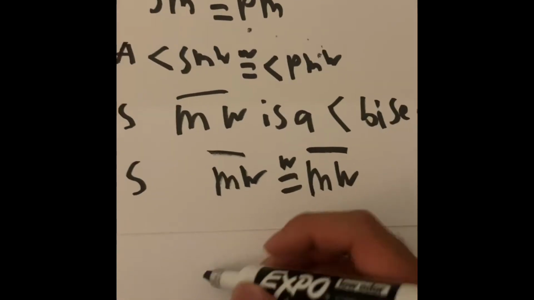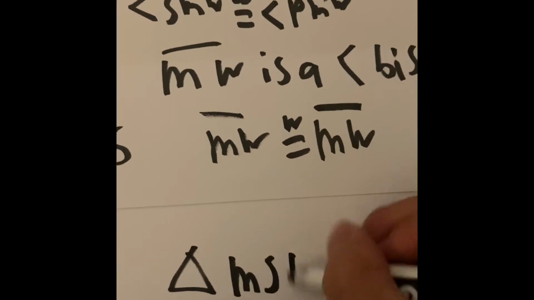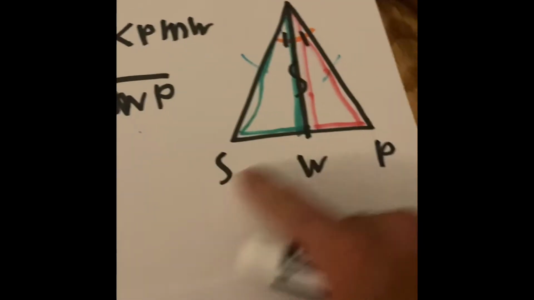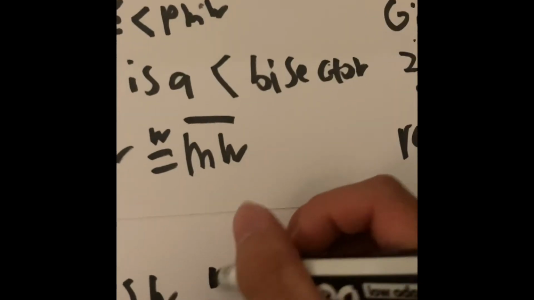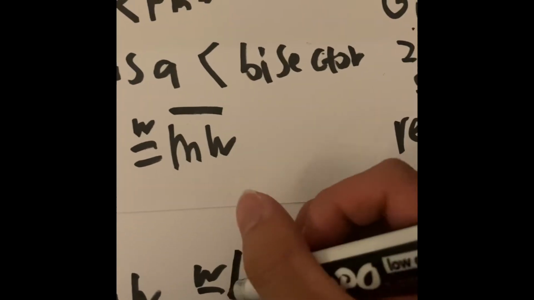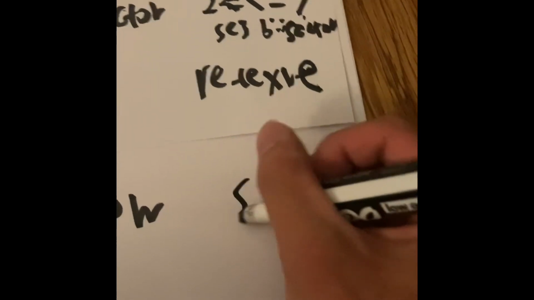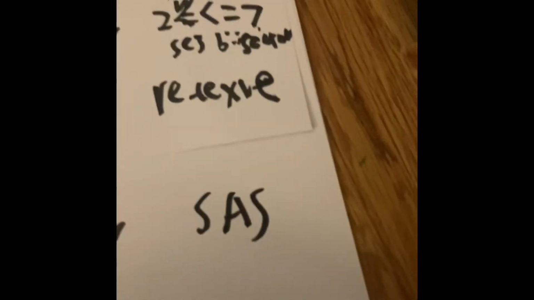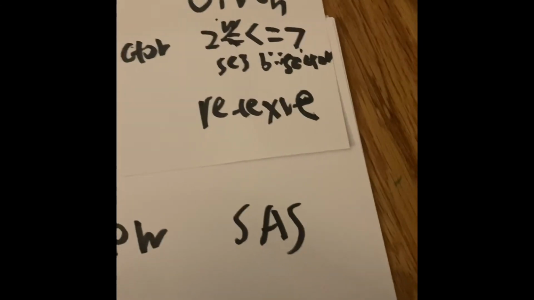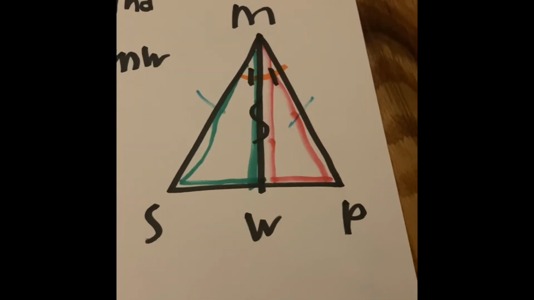We can say that triangle MSW is congruent to triangle MPW. The reason why is we can say SAS, or segment, angle, segment. So now we have proven that these two triangles are congruent.